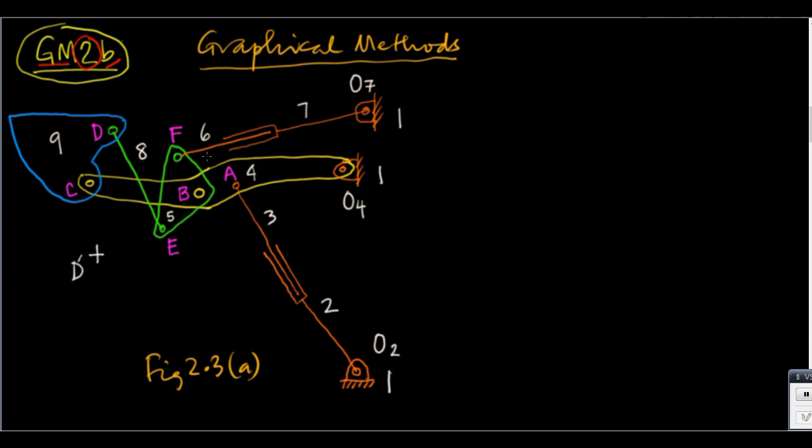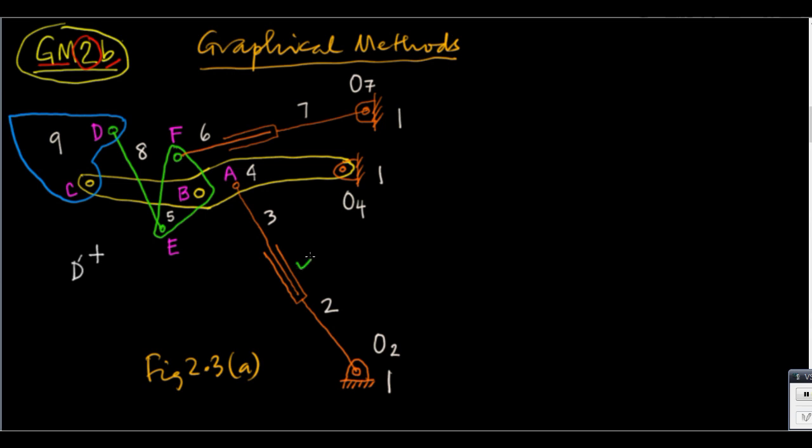Now here is another hydraulic cylinder. Here is a rigid link 8 which connects E and D, and this blue thing is the bucket whose position we wish to control. How many degrees of freedom does it have?